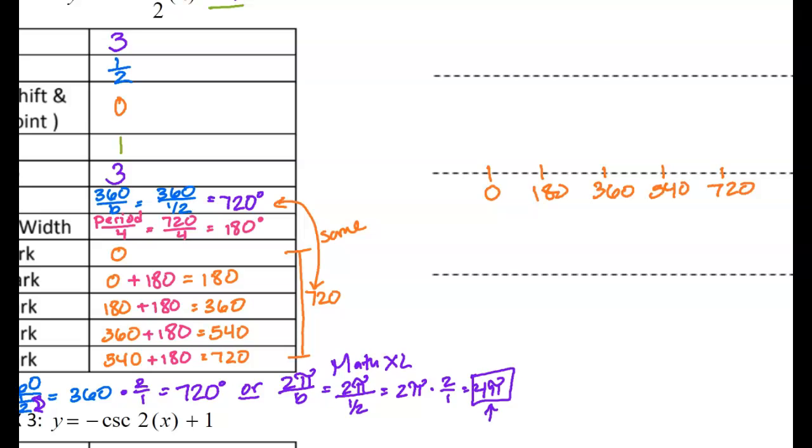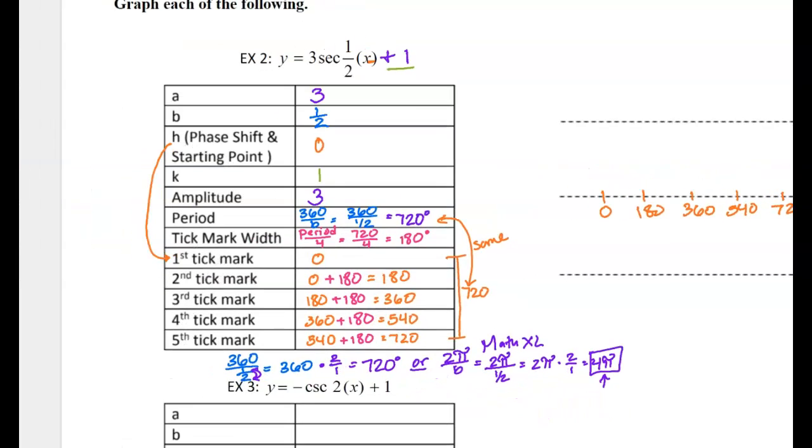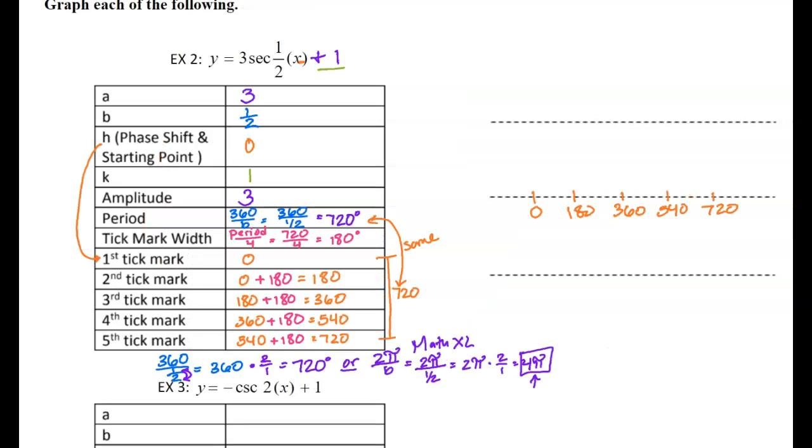How do I get the Y location of my center dotted line? Yes, you look at your K value because that's how much it moves up or down. So my K value is 1, meaning my center dotted line is also at 1 as my Y value.